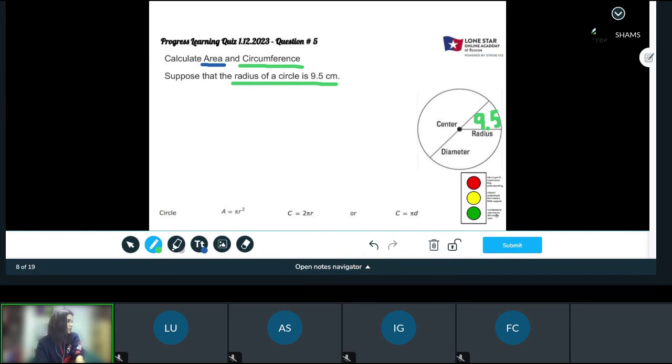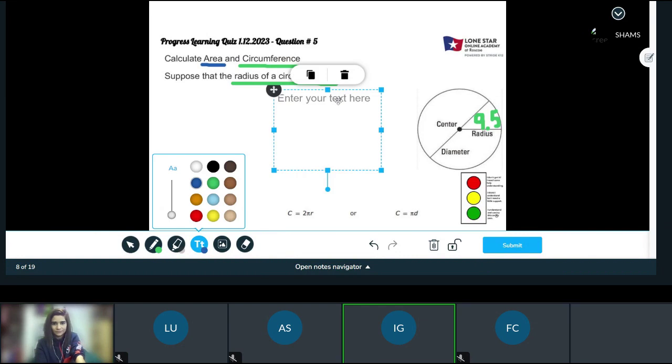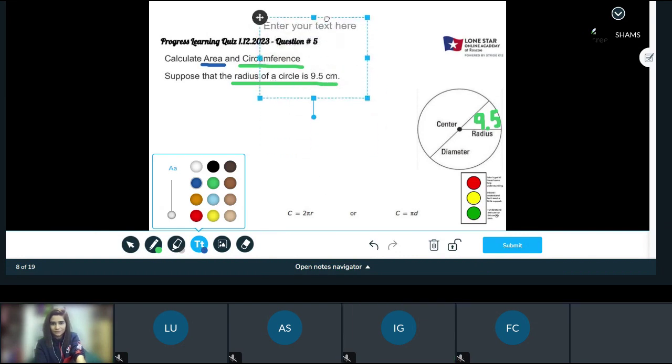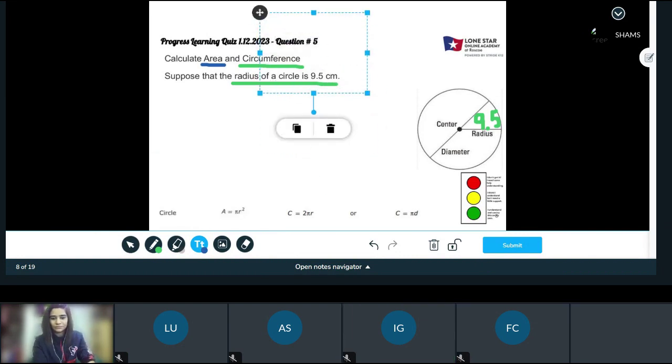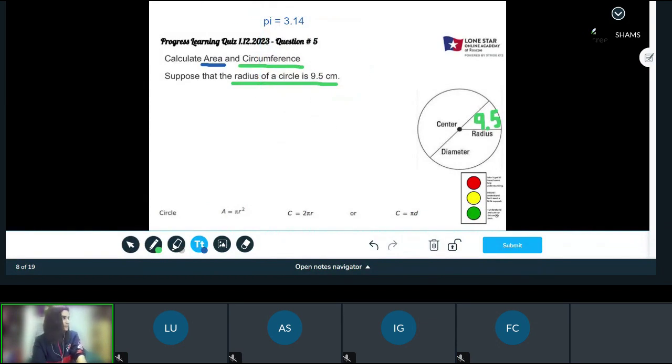Yes, they want a precise answer, so I'm going to use 3.14 for pi. Go ahead, calculate your answers. Get started, people.